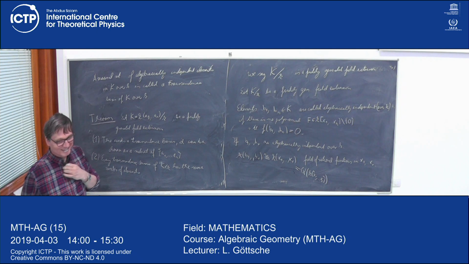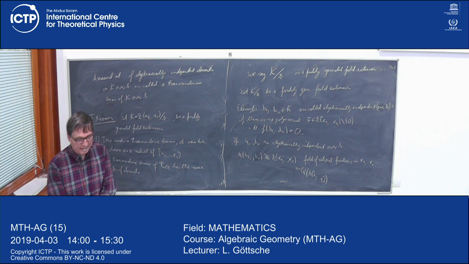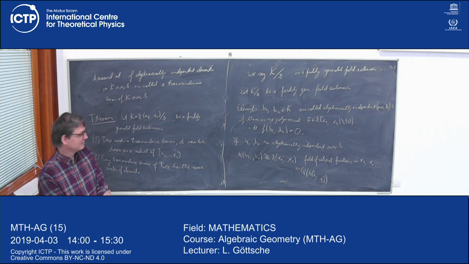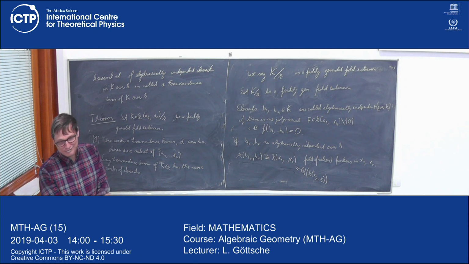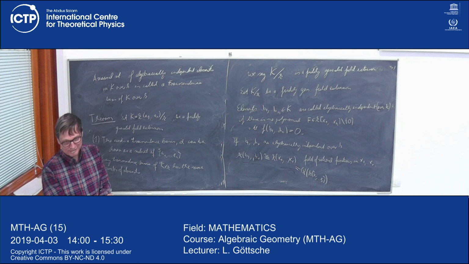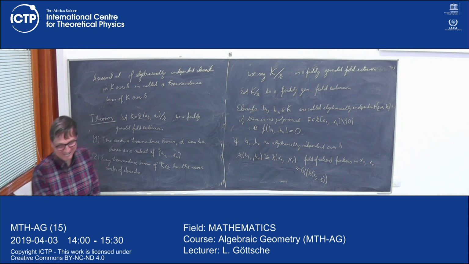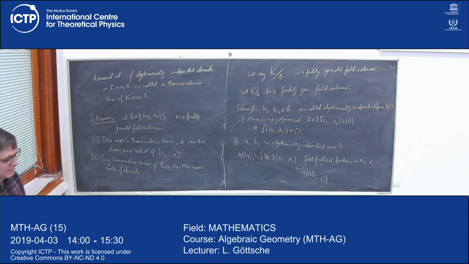So if you take K over K, it has a transcendence basis which consists of the empty set. I mean, what's the problem? It's a maximal set of algebraically independent elements of K over K. So the empty set is something one has to be able to deal with somehow.